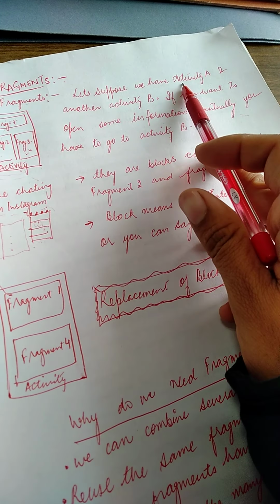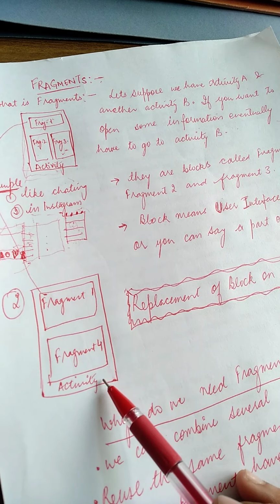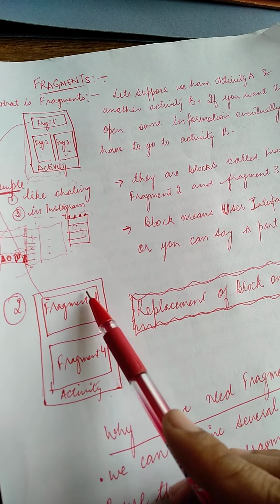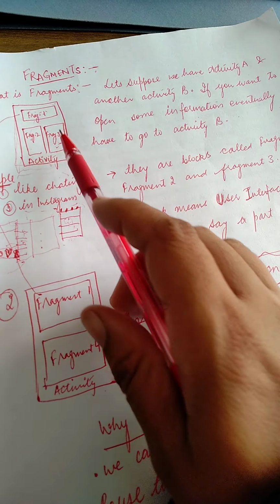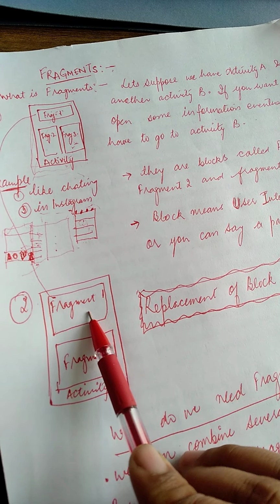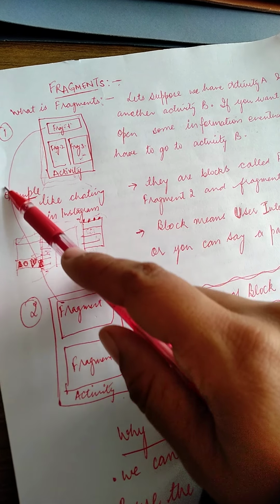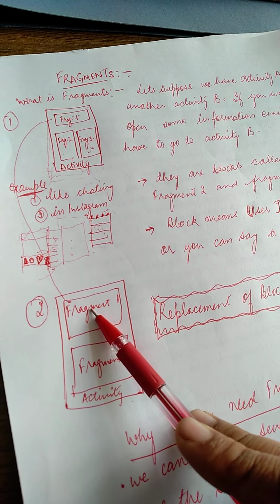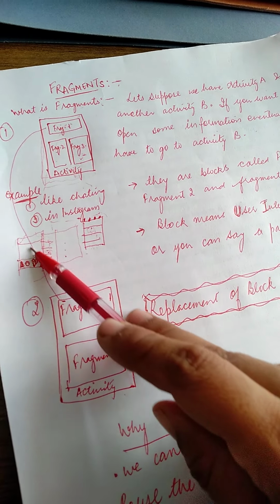Suppose activity A and activity B. But in the other activity, meaning another page, the fragment 1 material and fragment 1 are the same. So how do we do that? We connect these fragments by calling the same thing.